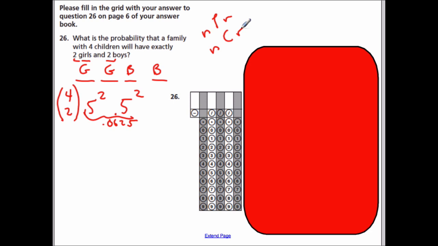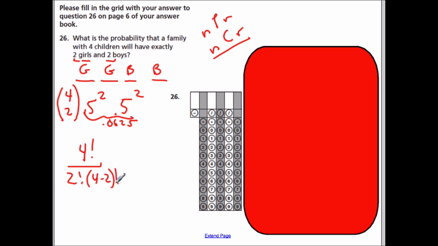So it shouldn't be called a combination, it should be called a permutation because order in fact matters. In this case, order doesn't matter, so we're working with an nCr, which is 4 choose 2. Written out, 4 choose 2 means 4 factorial over 2 factorial times (4 minus 2) factorial.